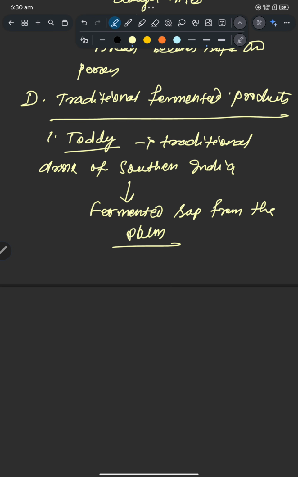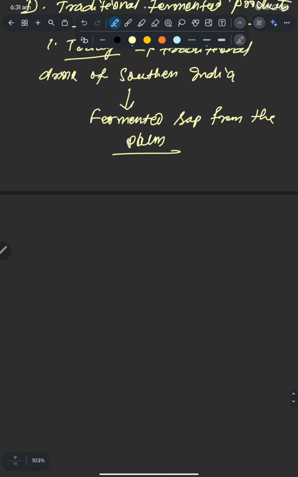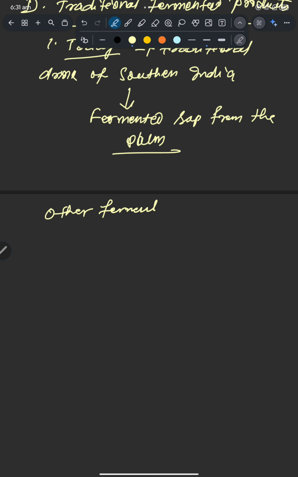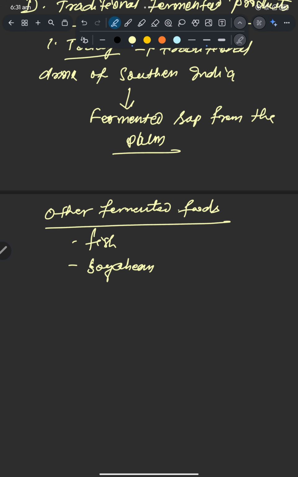The other fermented foods are fish, soybean, and bamboo shoots.